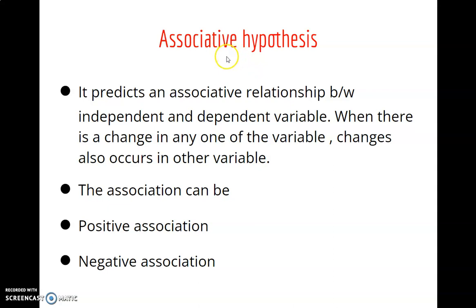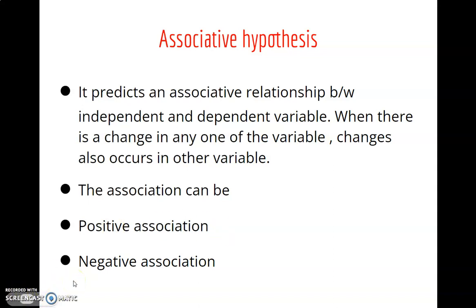So the next one is associative hypothesis. In this hypothesis, it predicts the relationship between independent and dependent variable, but it will give an association, either a positive association or a negative association. For example, high quality of nursing education gives a high quality of practice, or we can say the example as teacher student relationship influences a positive effect in the student learning process.